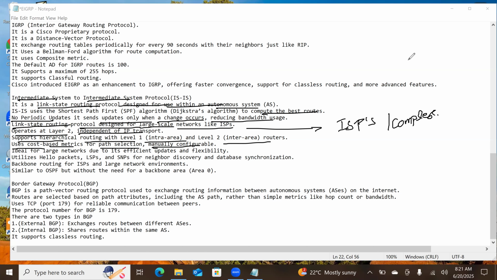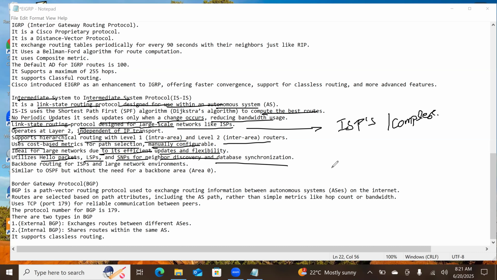What was the metric for OSPF? Cost only, right? So ISIS uses the same cost value for route computation. It is ideal for large networks due to its efficient updates and flexibility, and it utilizes hello packets, LSPs and SNPs for neighbor discovery and data synchronization.